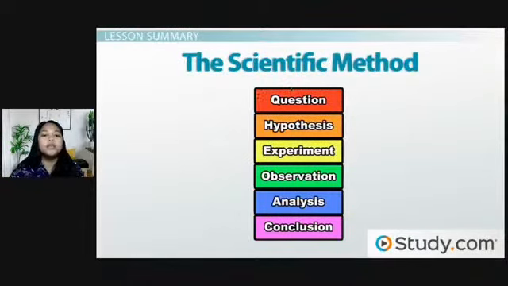Now remember, your scientific question should not be answerable by a yes or a no. It should be testable, which means for you to be able to answer it, you need to perform experiments. Now, your hypothesis would come after your scientific question. Sometimes there would be background knowledge prior to making your hypothesis.